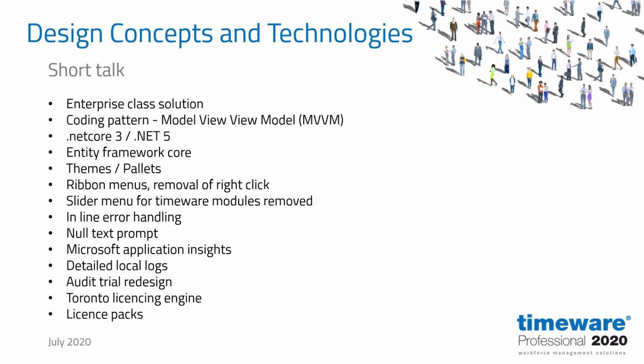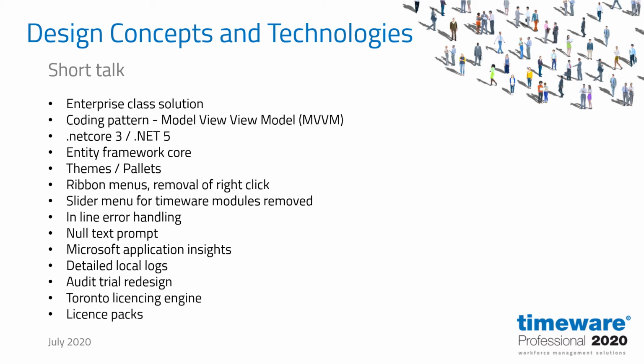Anybody who uses Word or Excel or Outlook will be used to this ribbon menu across the top. And this idea of removal of the right click: how many times do you get support calls from new users who aren't aware of it? Yeah, tons, where they don't actually know that menu's there. With this new style you can see it at the top of the screen. So we're not going to support the right click. No, we won't.